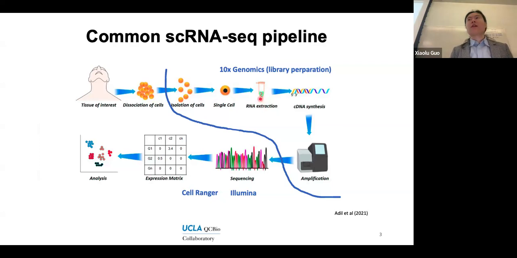If you remember yesterday, the mRNA is captured by beads, which have a DNA oligo on the bead. The DNA oligo has the sequence for the single cell barcode and a molecular identifier.